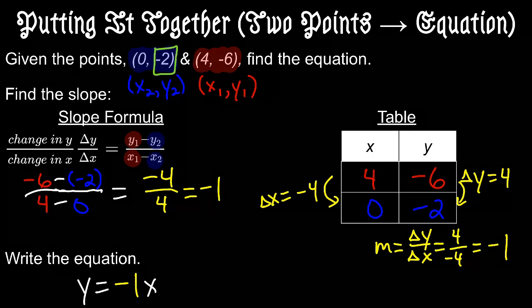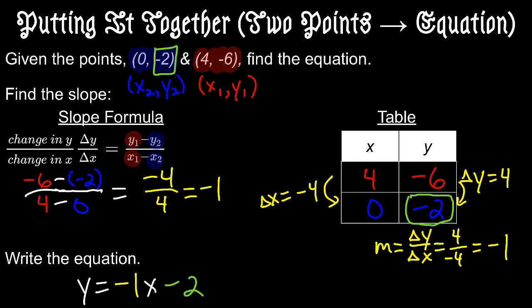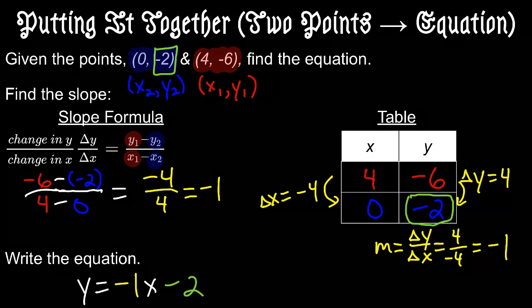We can see it in our point up here and in our table right here. And so that is going to be minus 2 because the y value is negative 2. Questions?